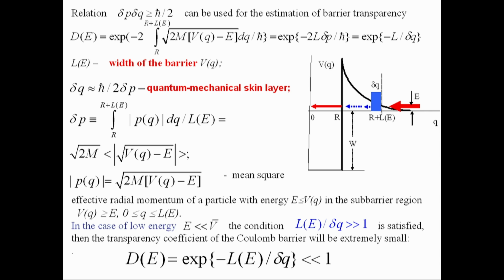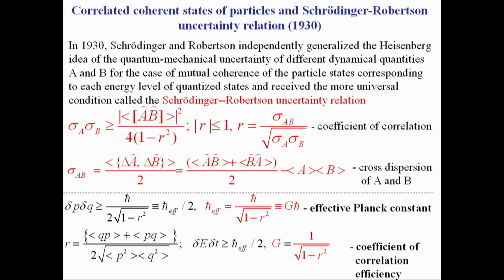In fact, we have the coefficient of transparency. It is the exponent of the width of the potential barrier relative to such fluctuation. It is a very great value, and the coefficient of transparency is very small, 10 to the power minus several thousand, for example.